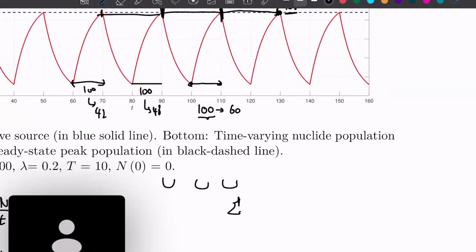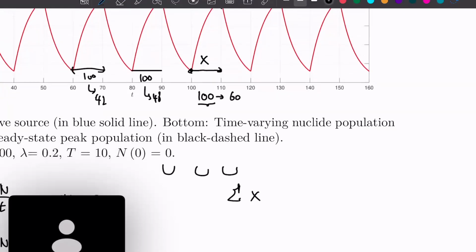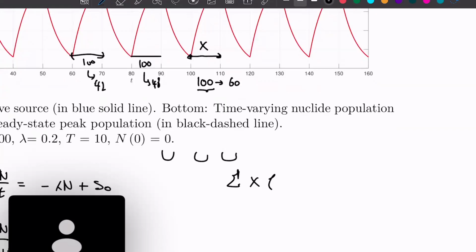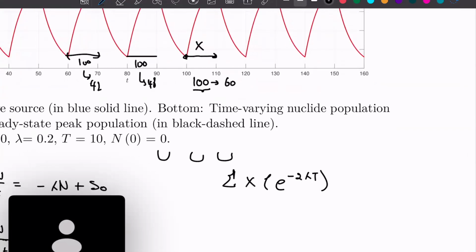Let's say X is how much is produced from each interval by the source. X is produced by the source, and then they decay for this duration.